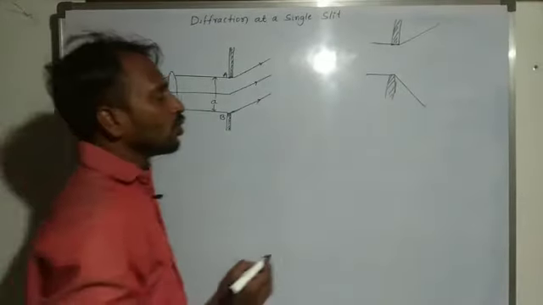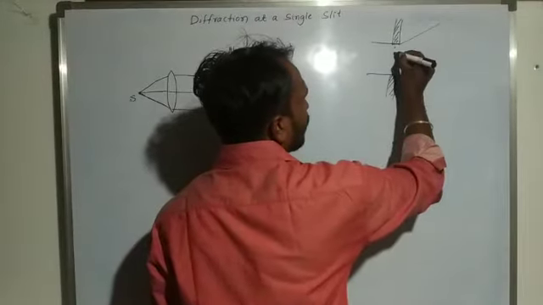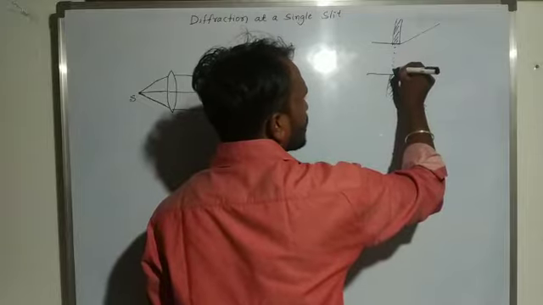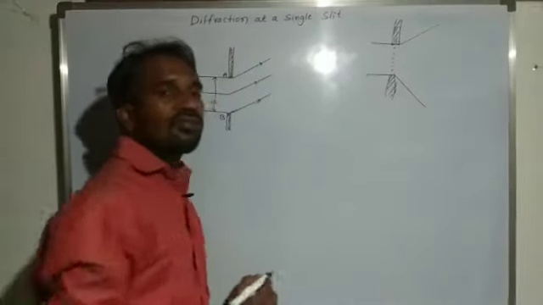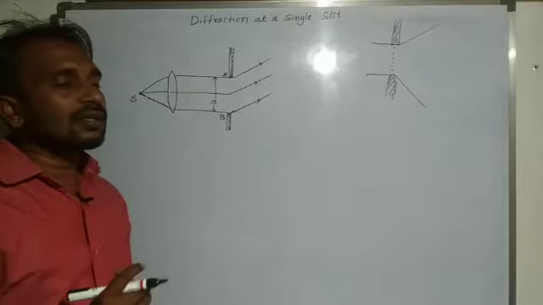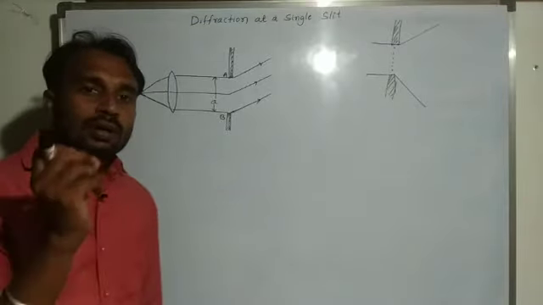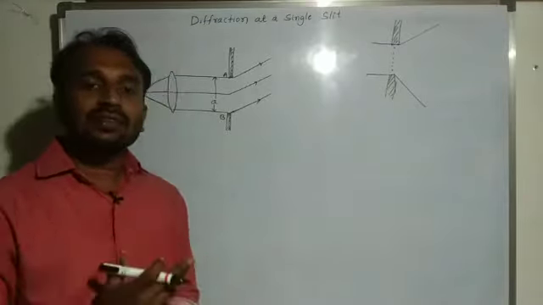Then what happens? You already know Huygens' principle. Suppose in that slit we consider a number of points. These points we consider as fresh locus points of secondary wavelets.